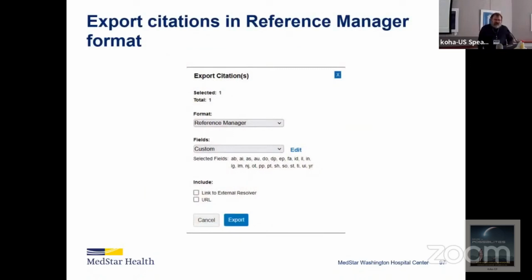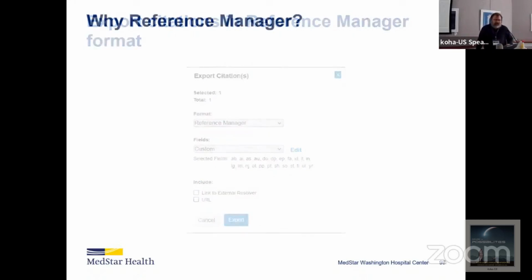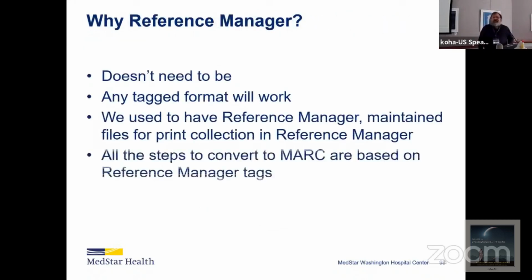Export to reference manager. And remember all the fields I selected earlier that I wanted to keep track of? There they are. They're selected fields. Why am I still using reference manager format?